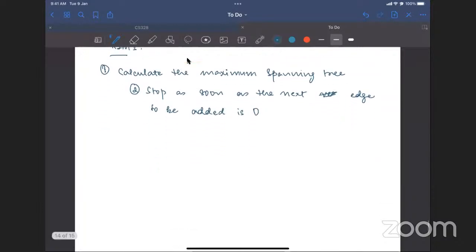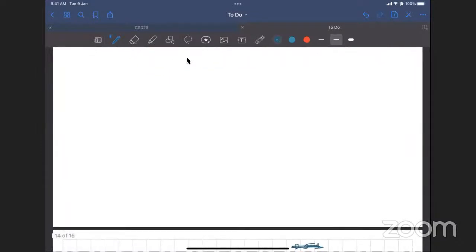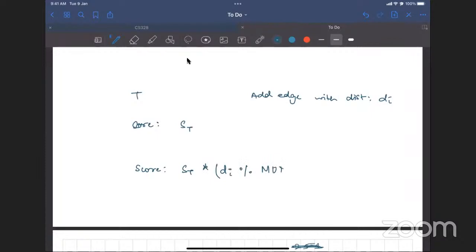And just for the code logistics, for example, if till now you have built a tree T, and your score is S_T, then if you add an edge with distance d_i, you multiply your score S_T by d_i modulo the value that is given.